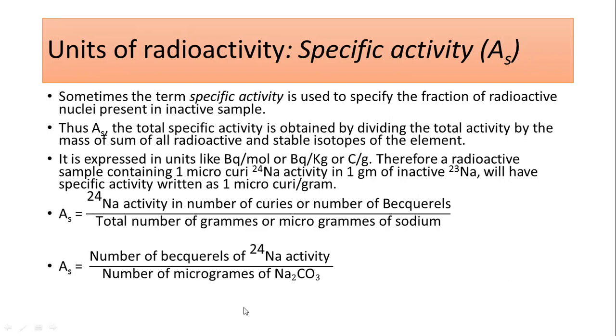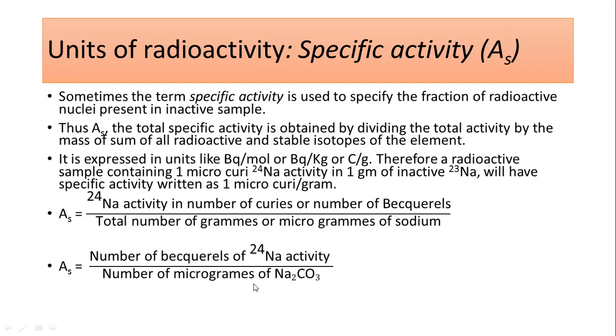Similarly, this is a simple sodium activity in total number of grams of sodium, but sometimes let's suppose this is sodium carbonate. You are using sodium carbonate as a source for the sodium-24 activity. So how can you get the specific activity? Simply, this is the number of becquerels or curies of the sodium activity divided by the number of micrograms or grams, or whatever it is, the weight of the sodium carbonate.